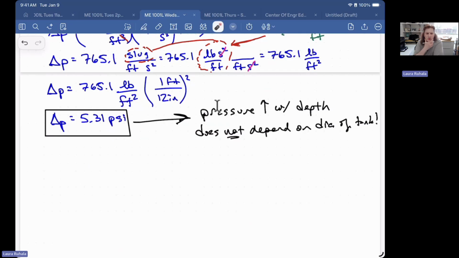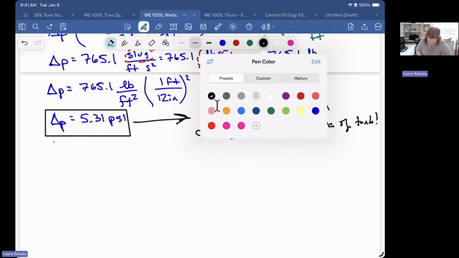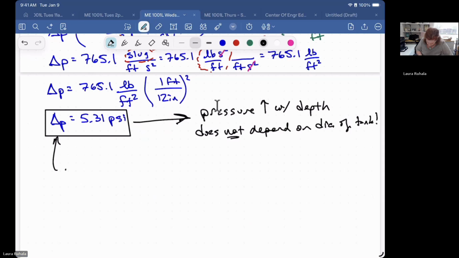And then let's talk one more thing. When you talk about the delta P, there's a name for this. This is called the gauge pressure. That is the gauge pressure. If I wanted to get the actual or absolute pressure, I would go ahead and add the atmospheric pressure.